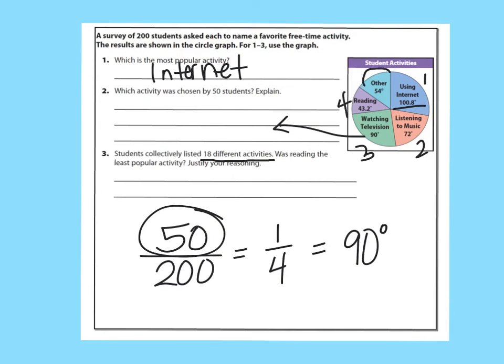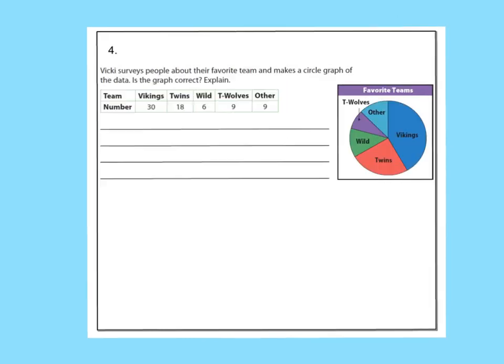And then this category right here comprises the other 14 activities. So that just means there weren't a lot of votes for these other activities, and so they just grouped them together as the other. So although reading was number 4 out of the bigger groups, it isn't the least popular one based on our data.